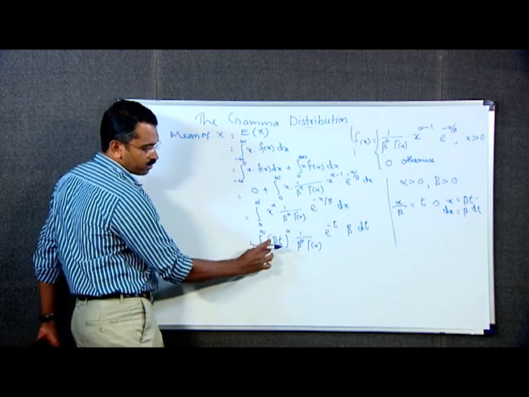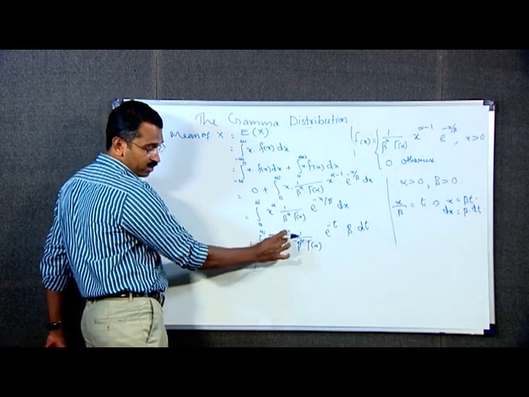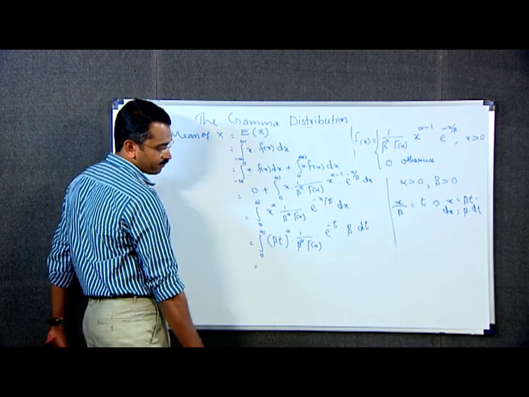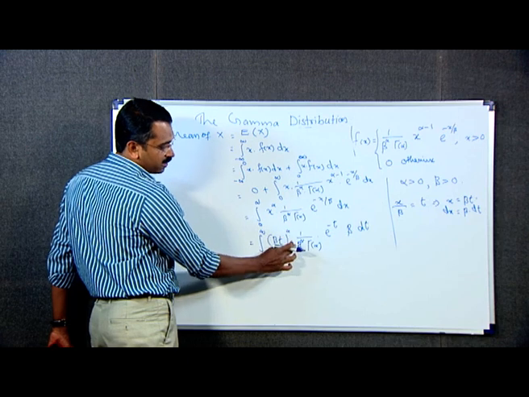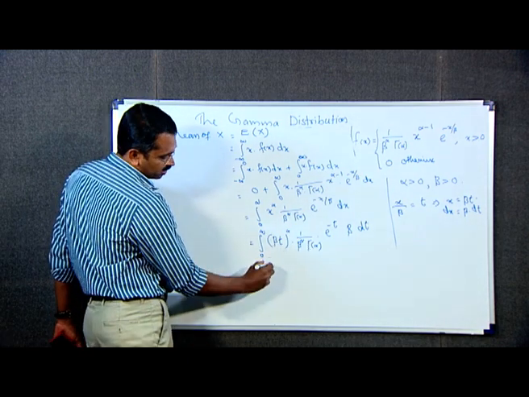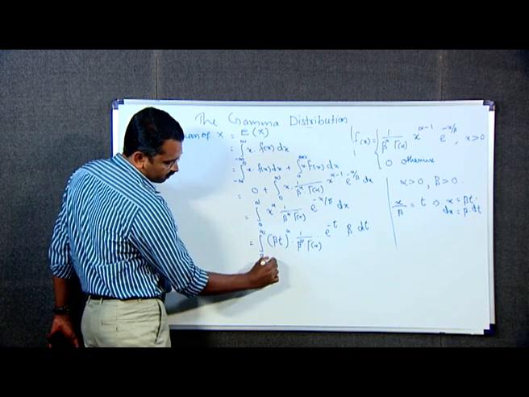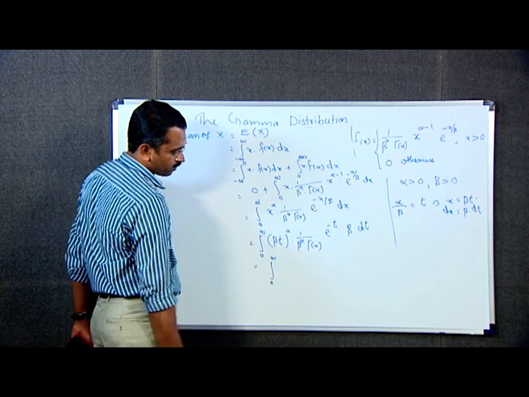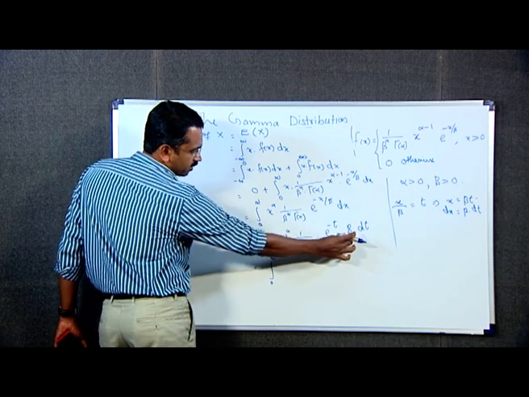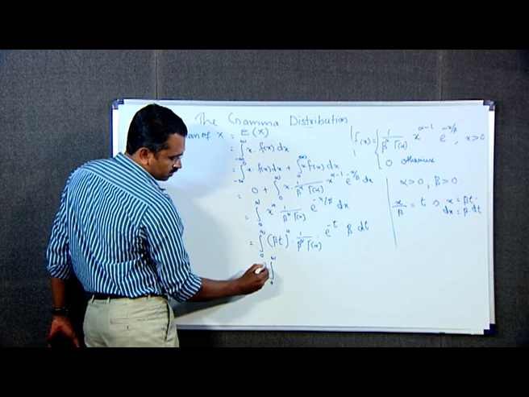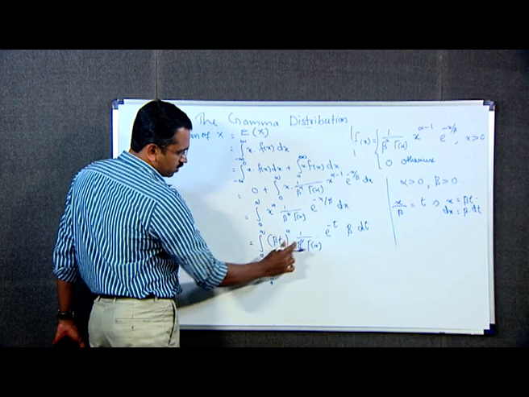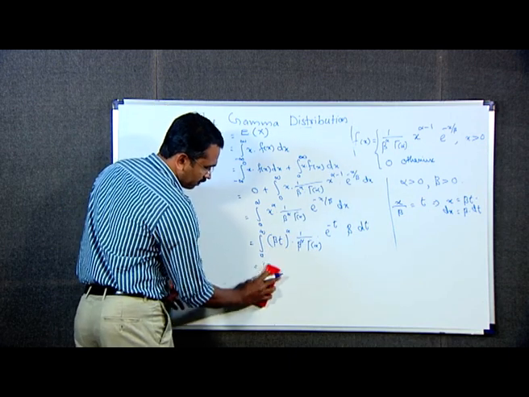This is equal to, here beta into t all raised to alpha means beta raised to alpha into t raised to alpha. This beta raised to alpha and the beta raised to alpha in the denominator cancelled. The remaining terms are integral from 0 to infinity. Here beta can be taken outside, divided by gamma alpha.